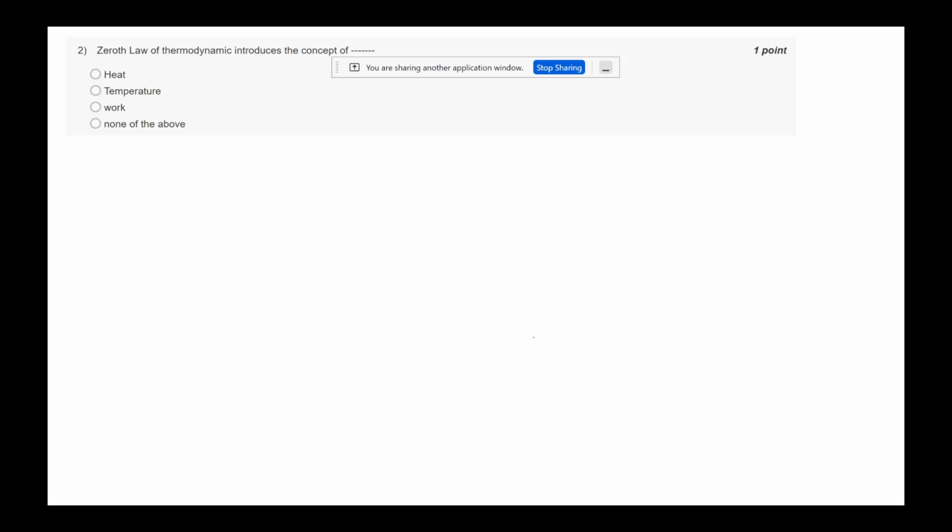This is temperature. Macroscopically, this is temperature.